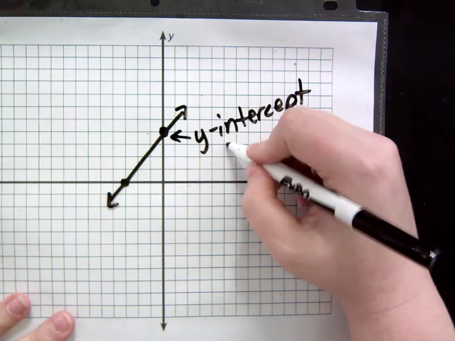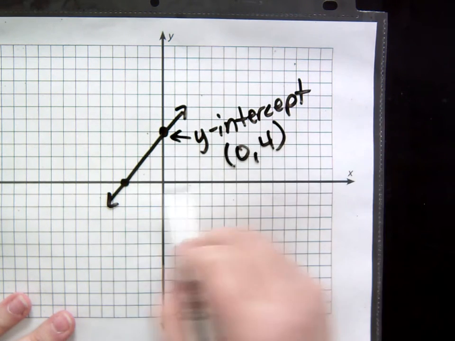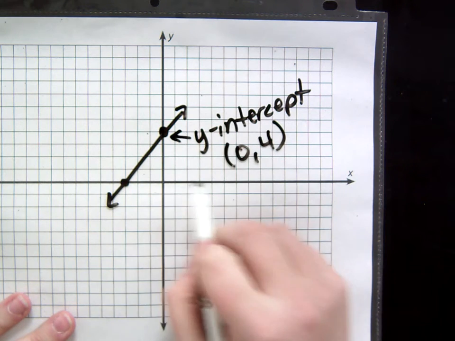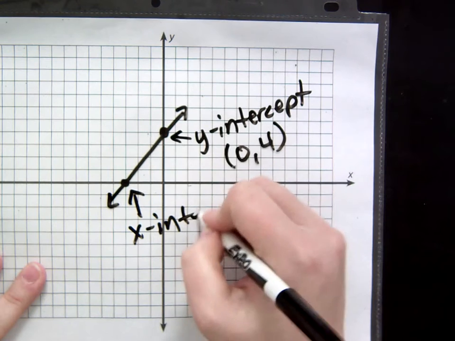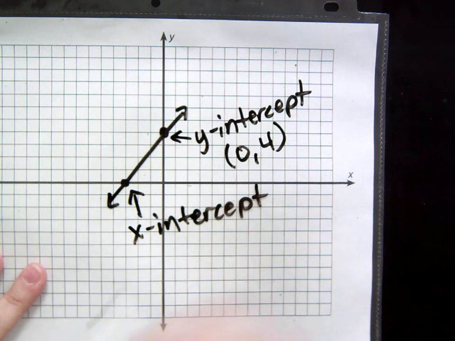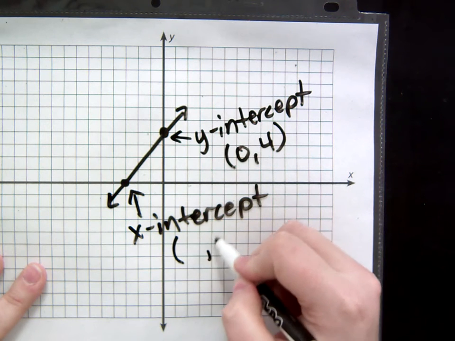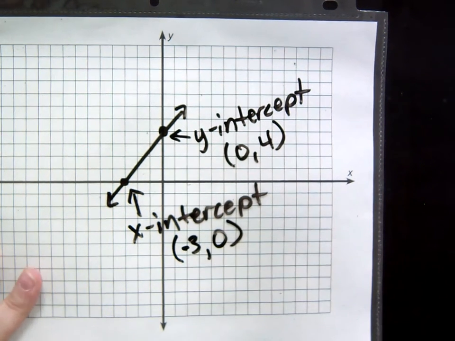So the y-intercept is the point 0, 4. Notice your x value is 0 because it's at 0 on the x-axis. This is your x-intercept because that's where it intersects the x-axis, and in this one your y value is 0. So negative 3, 0 is the intercept.